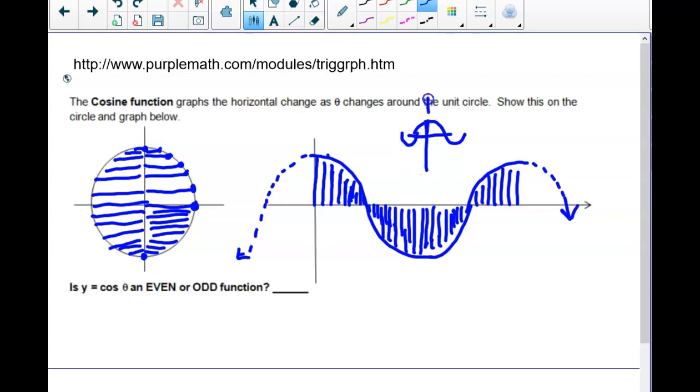Does that have symmetry with the y-axis here, if I drew it well? So it would be even, it would have y-axis symmetry. That will be true if we shift it up and down, right? It'll stay y-axis symmetry, but if we shift it left and right, it will change.